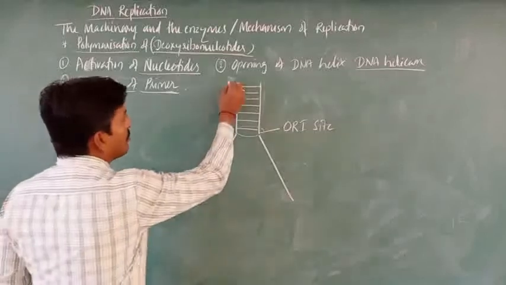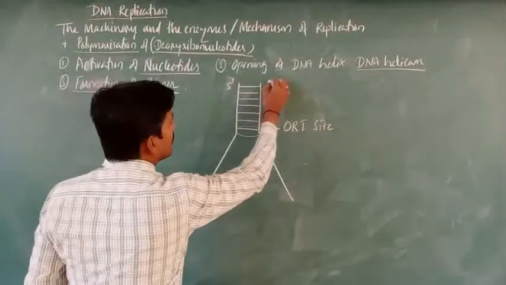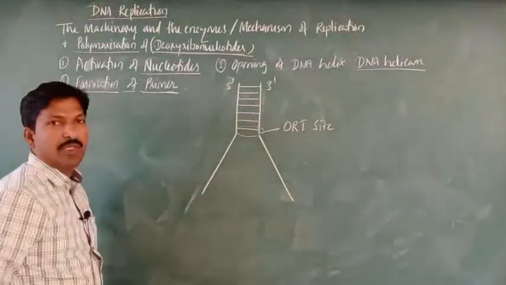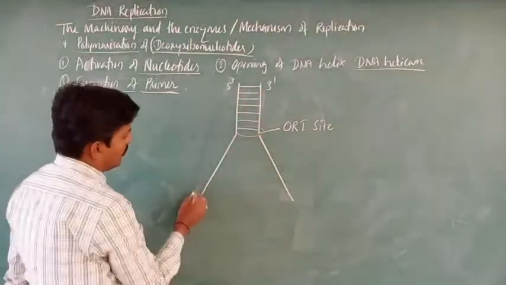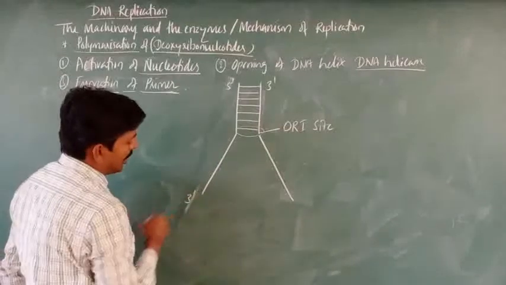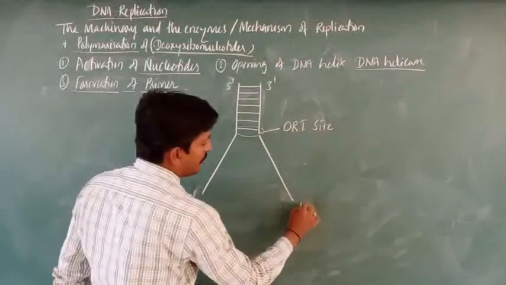See, this is the fifth end, this is the third prime. Fifth prime of this strand is here, and third prime is here. This will be opposite, that is third prime, and this will be fifth prime, right?